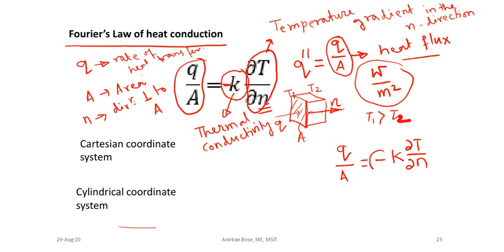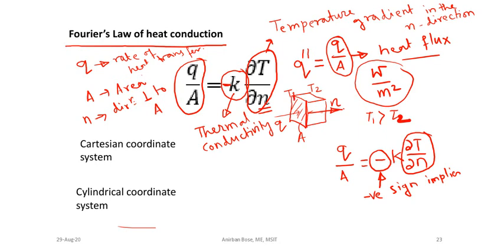This negative sign implies that this del T del n is actually a negative quantity, because heat is always flowing in a direction where the temperature is gradually decreasing.